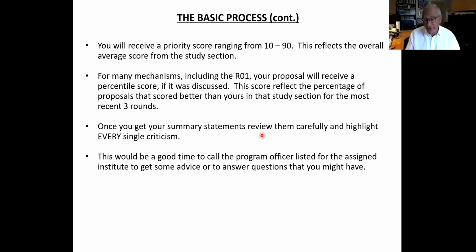Moreover, you want to get on the program officer's radar screen, okay? You want to develop a rapport with that program officer and a relationship with that program officer. That's their job. They're the liaison between you and the institute, okay?